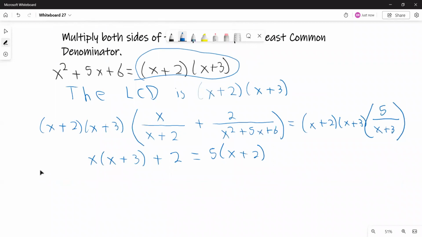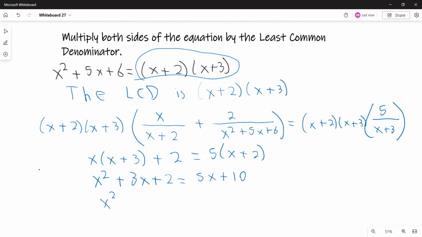This equation became a quadratic equation. We're going to write the equation in standard form. First, distribute the x and the 5, and then write in standard form. That's x squared, then plus 3x minus 5x is minus 2x, plus 2 minus 10 is minus 8.